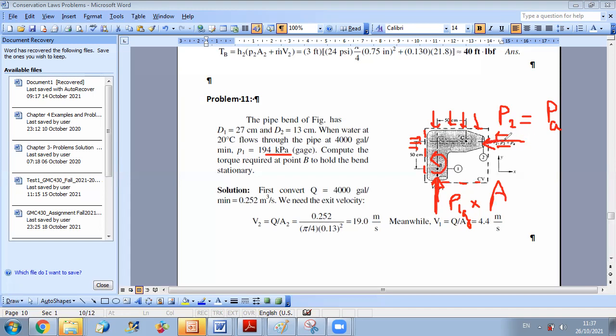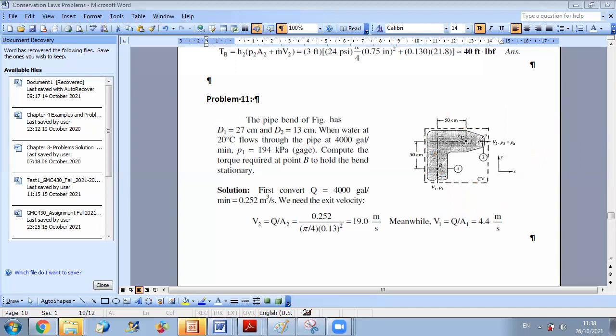Okay, so this is m dot out V out. This flux has a moment about B, and I should calculate the moment of this vector m dot out V out about B. All I have to do then is to multiply by this distance.